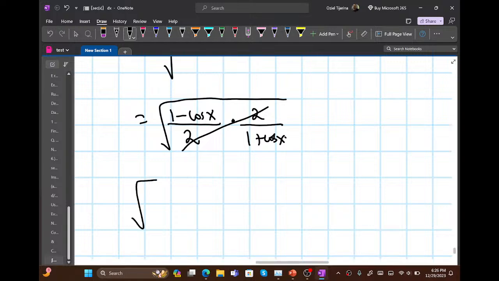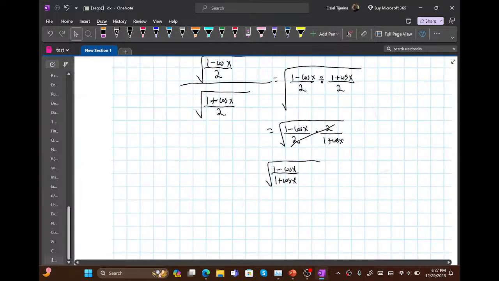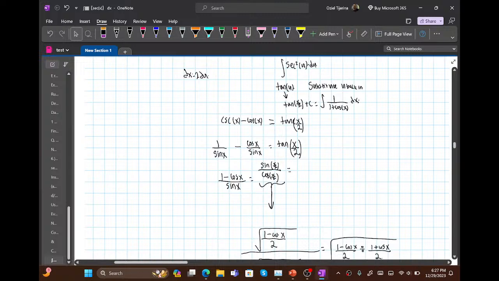We're going to end up with the square root of 1 minus cosine x over 1 plus cosine x.